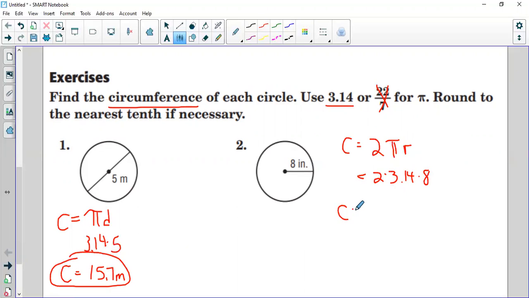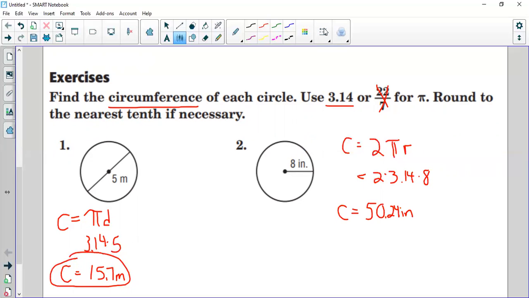So my circumference equals, grabbing my calculator again, 2 times 3.14 times 8, which gives me an answer of 50.24 inches.